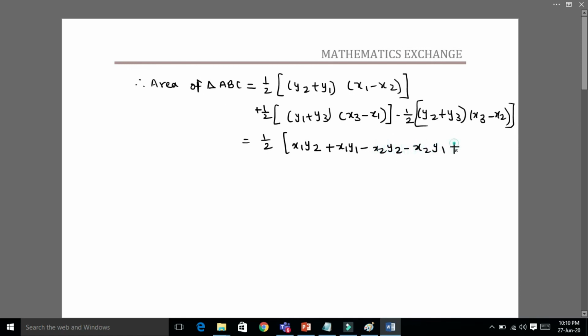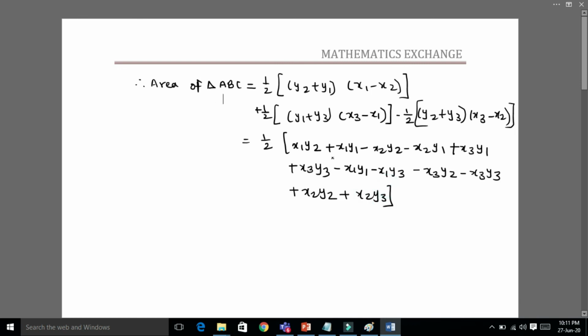We have taken half common from all these brackets, so next multiply x3 into y1 plus x3 into y3 minus x1 into y1 minus x1 into y3. Now we multiply the third bracket with the minus sign, so minus x3 into y2 minus x3 into y3. Now these minus minus become plus, x2 into y2 plus x2 into y3, bracket completes.